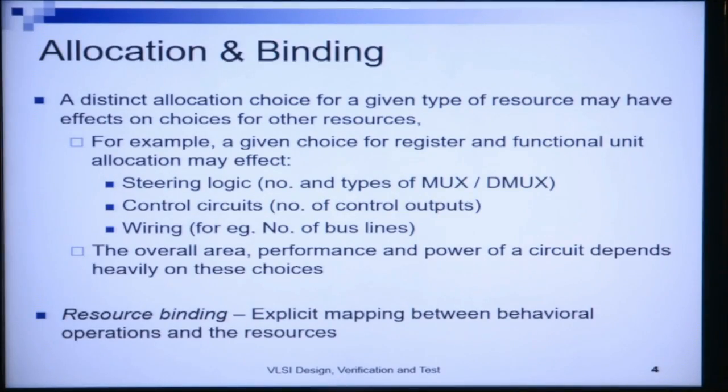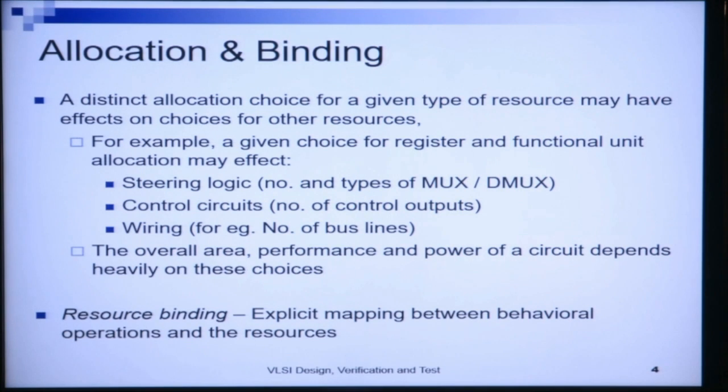Now, given a particular number and allocation of registers and a particular type and number of functional units, your steering logic, that is the numbers and types of muxes and demuxes, will depend on them. What will these muxes and demuxes do?